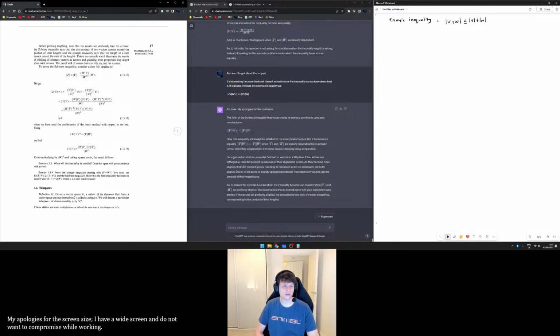Show that the final inequality becomes an equality only if v is equal to aw. I have never written a mathematical proof, so this will be fun.